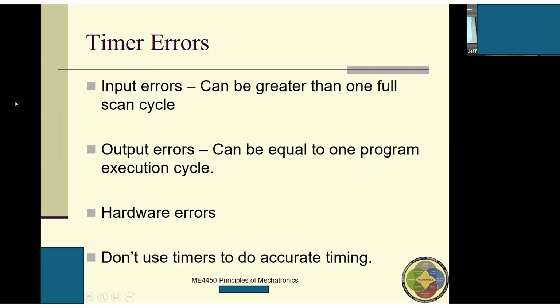So if we send out something to drive some actuators, and this actuator is not highly compatible with our PLC in terms of timing, we might lose some commands. Okay, so this is totally understandable. There will also be hardware errors, so don't use timers to do accurate timing. If you want an exact timing, no, don't do that.